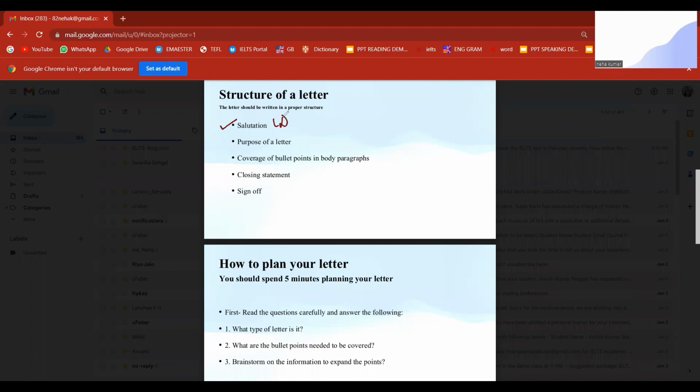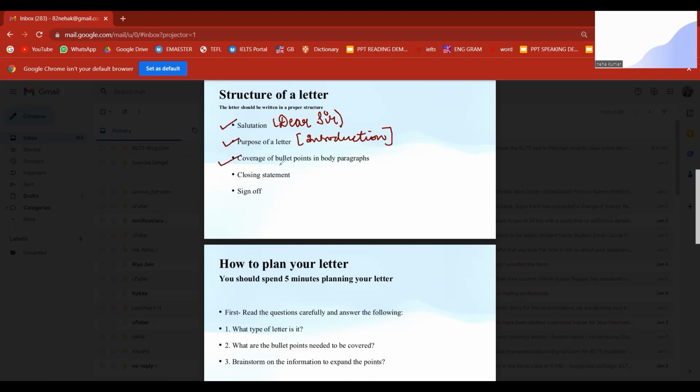Salutation is a way that we address a person. When we say dear sir, dear madam, this comes under salutation. Secondly, you will mention the purpose of the letter. This comes under an introductory statement, that is, why are you writing this letter? This is the purpose of a letter, your introduction.